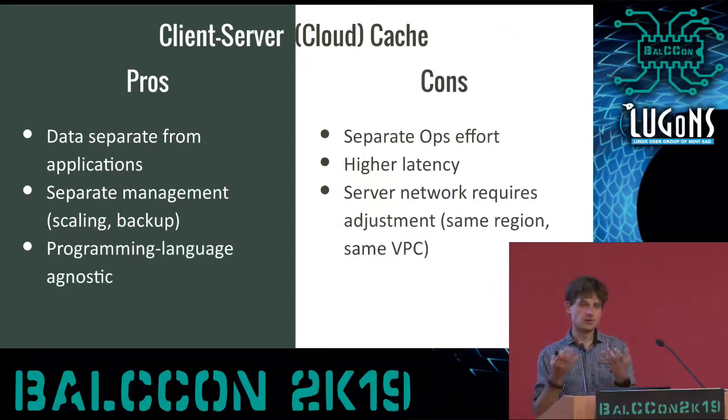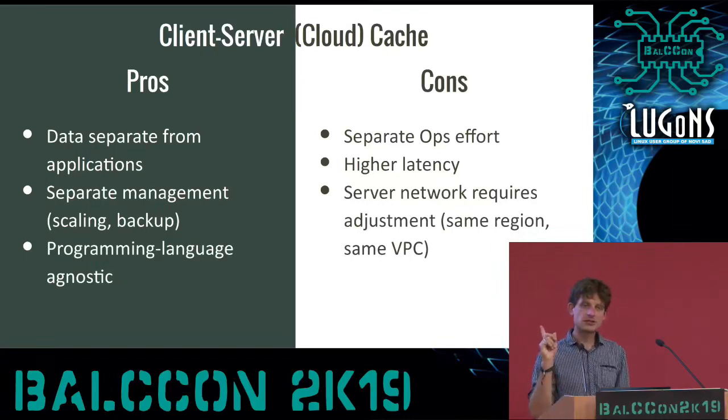The protocol between client and server is well defined, so you use a client library, and you can use whatever you want. From the downsides, in case of client-server on premise, you have a separate ops effort. And the second downside is something we didn't mention yet, but now the latency becomes a little more difficult.